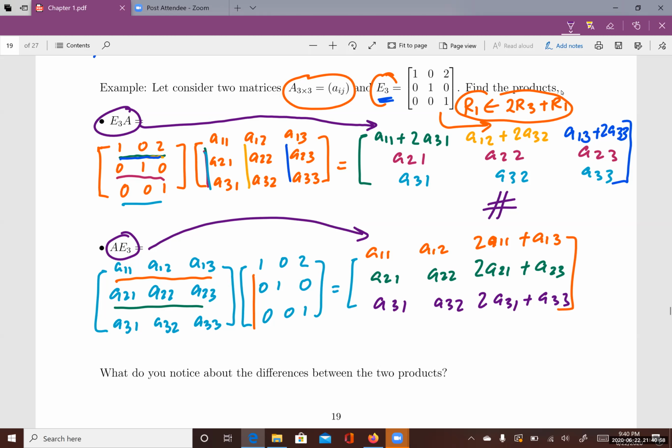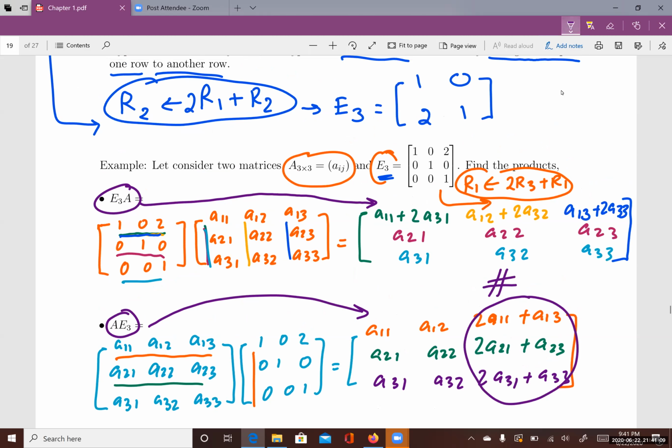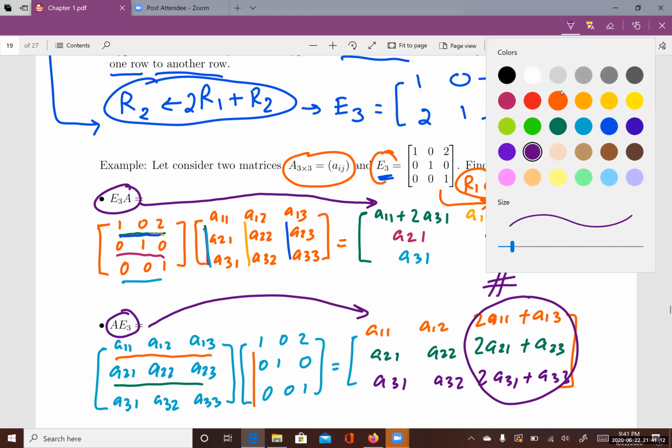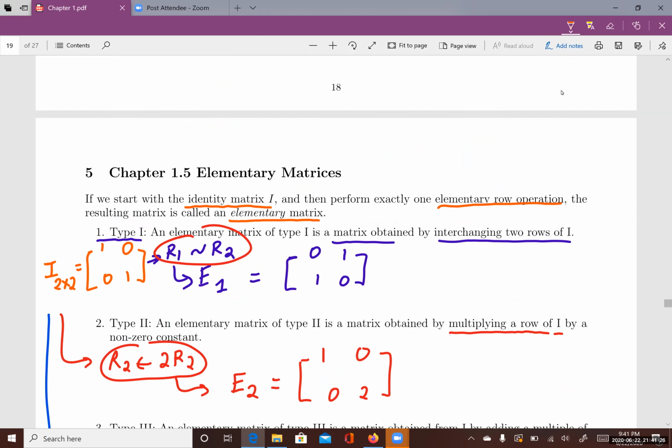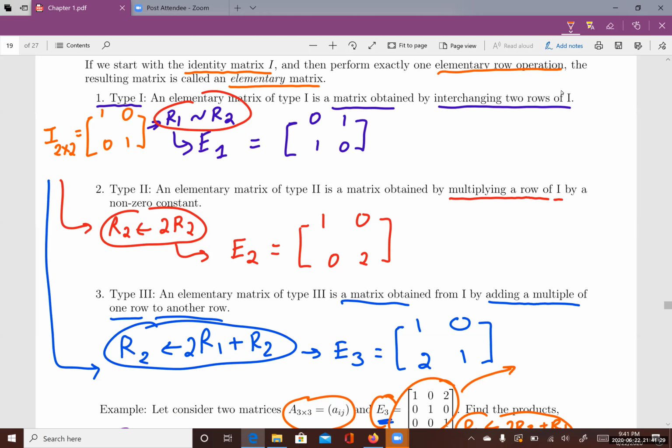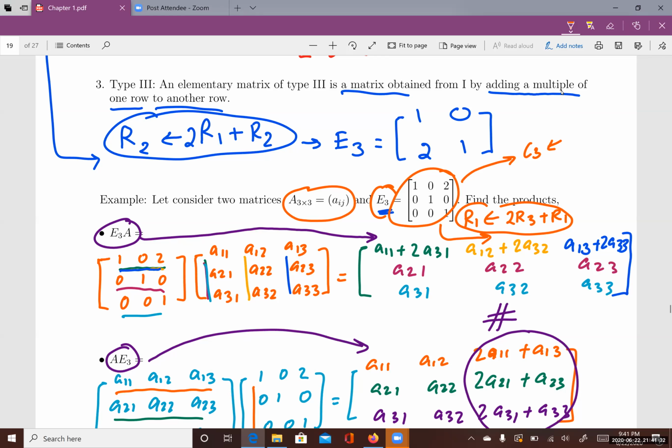you changing the column of the matrix, not the row. And how do you change the column of the matrix? So if you look at the elementary matrix here, look at this matrix from the column perspective, right? So you can see the first column stays the same, the second column stays the same, but the third column equals to 2 of the column 1, so column 3 is equal to column 3 plus 2 column 1.